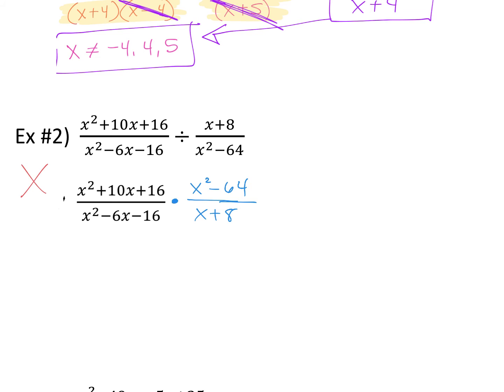So what can I multiply to get 16 that I can add to get 10? I'll let you catch up a minute. 8 and 2, right? So you're going to go x plus 8 times x plus 2 on top.